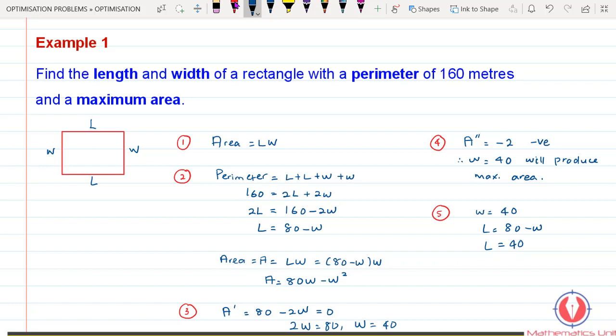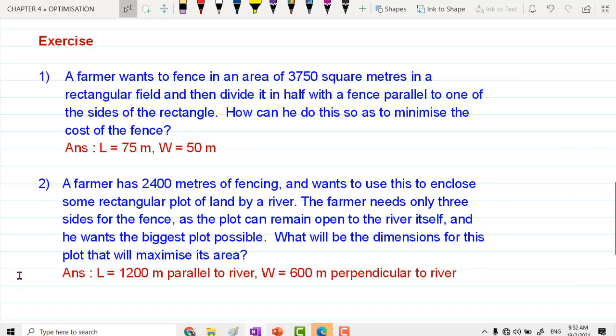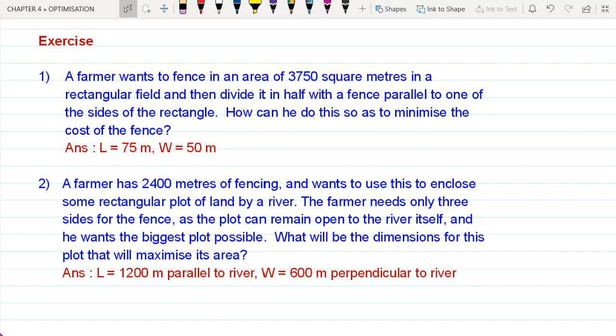So as we can see, the rectangle with maximum area is actually a square, because the dimensions of the width and the length are both equal, that is 40. You can try these two simple exercises before watching part 2 of optimization problems.